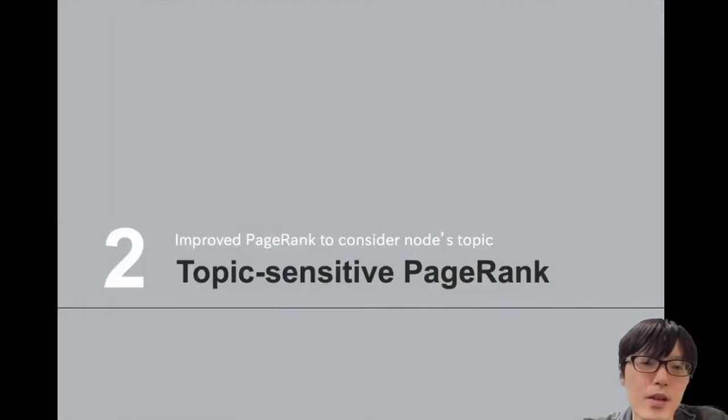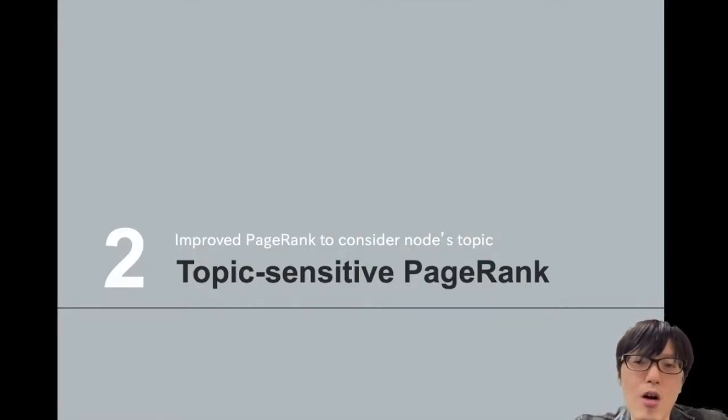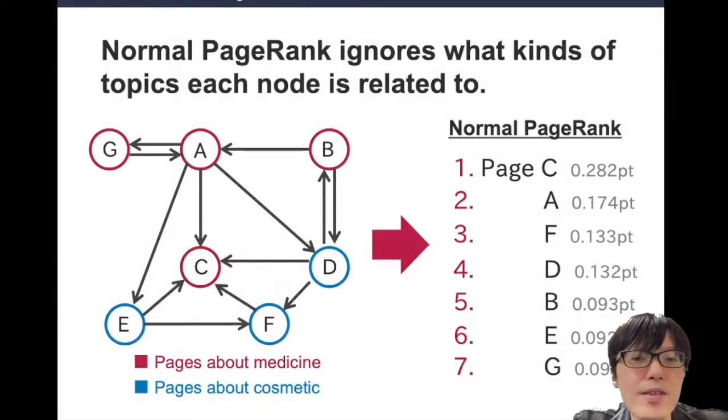So next I will talk about the topic sensitive PageRank, which is an improved version of PageRank. The normal PageRank is very powerful, but the normal PageRank algorithm ignores what kind of topics each web page on the graph is related to.